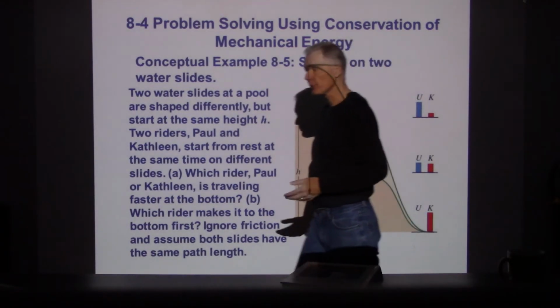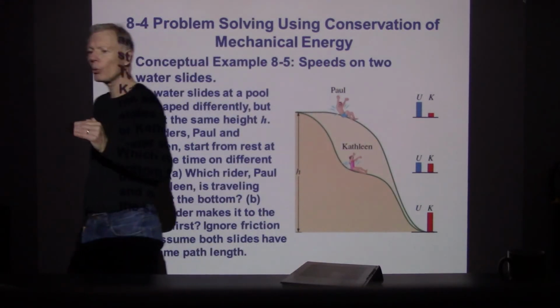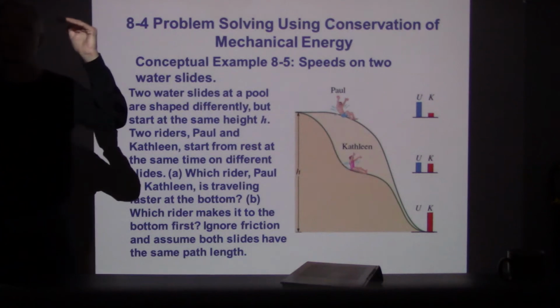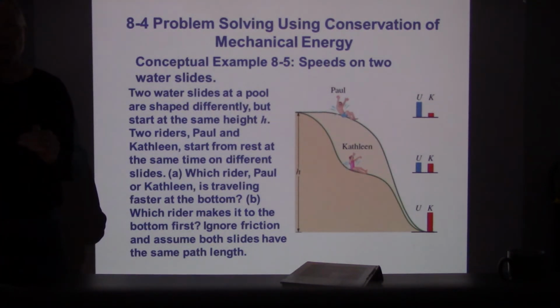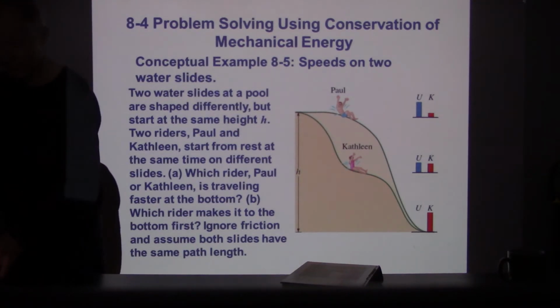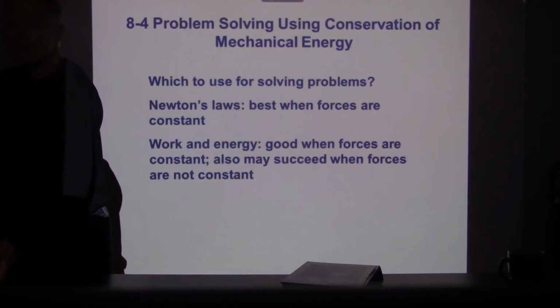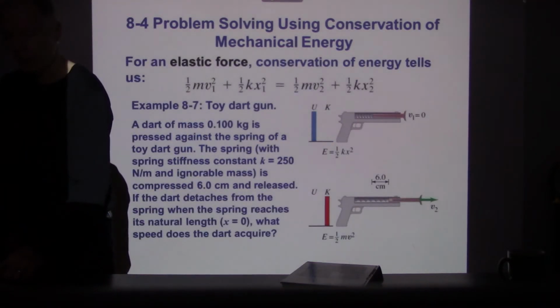Whereas energy conservation says, look, all we really need to know is the starting point, the ending point, and that the mechanical energy was conserved between those points. If we know that, we can solve many problems very rapidly. It's not going to easily solve how much time it took to drop, but it will tell us how fast the objects are traveling at the bottom.